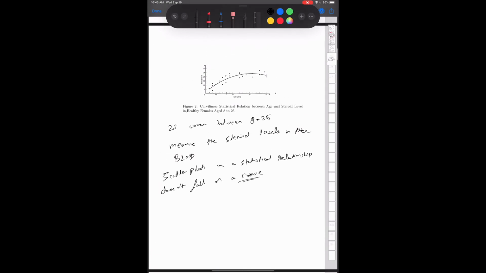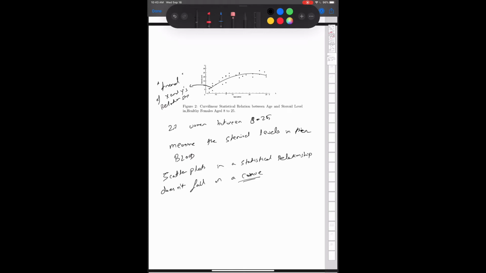And here, this black line denotes the trend of x and y's relationship. So what does it mean? It shows that in the beginning, when x increases, the steroid level increases, and it flattens out around 20, and then it goes down. So the steroid level goes up and then goes down after 20.